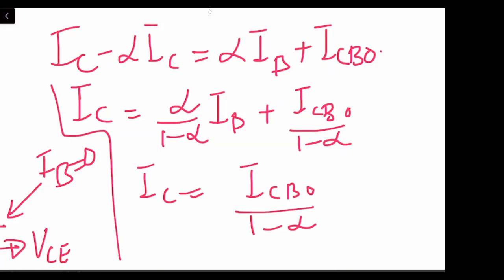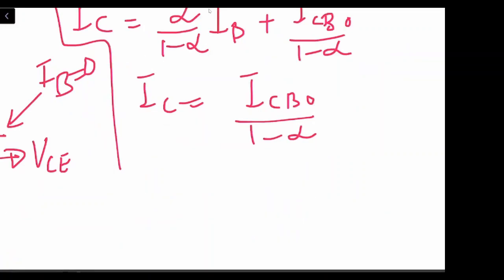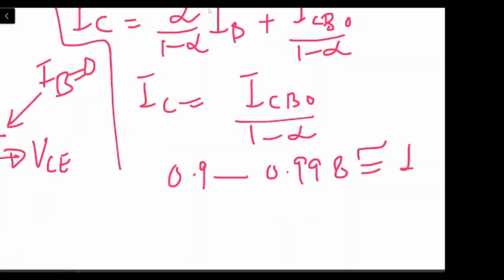Normally the value of alpha is between 0.9 and 0.998, which is very close to 1, right?